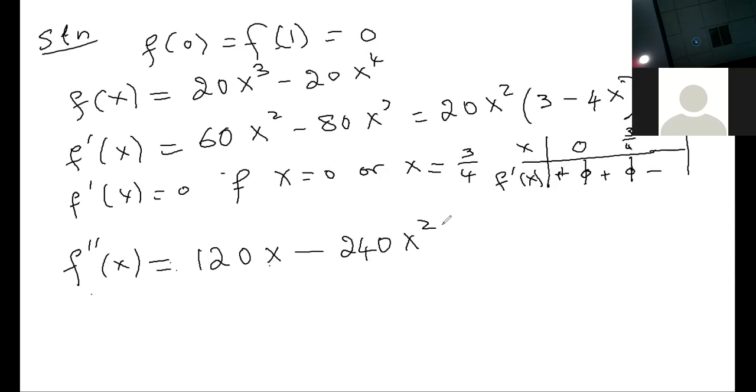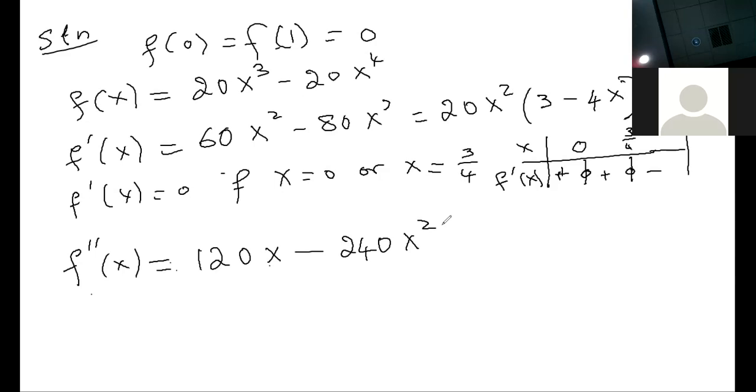So when the second derivative is 0, you have an inflection point. When the second derivative is negative, you have a local maximum. When the second derivative is positive, you have a local minimum. You remember that from calculus?